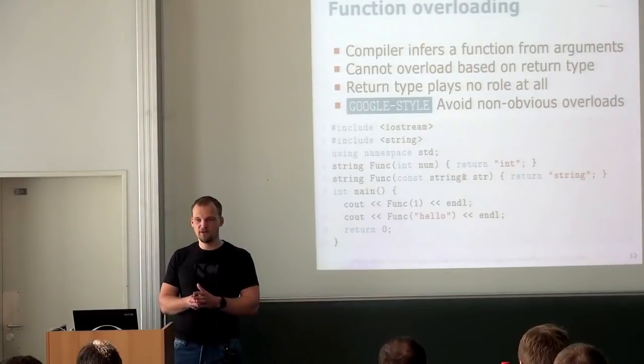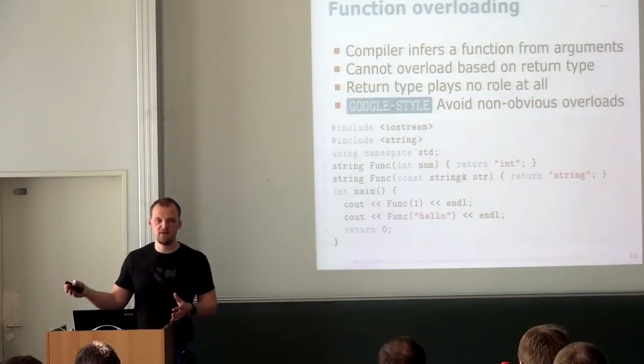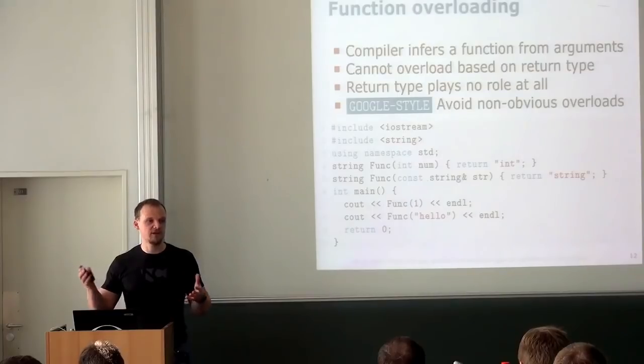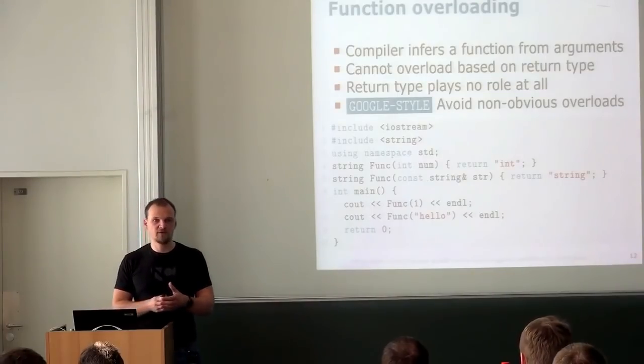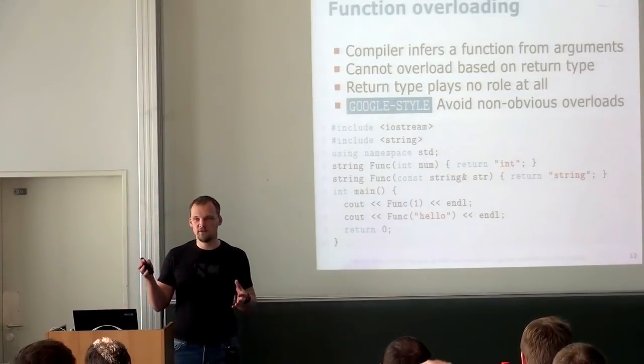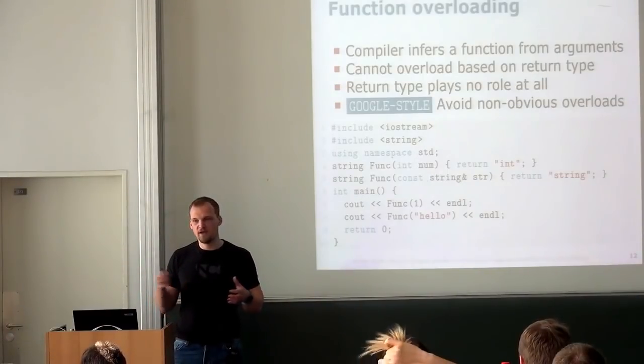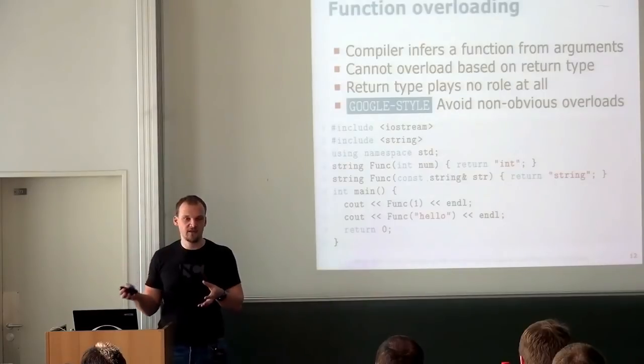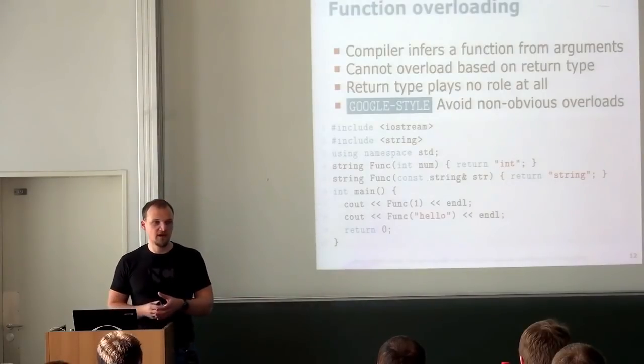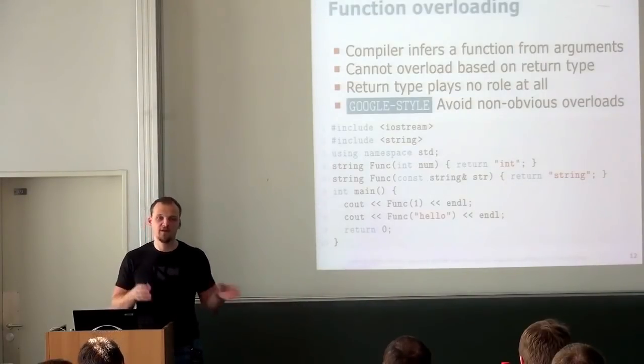Some overloads should be there. If the function has the same functionality, a good example is print, where you want to print a string, an integer, and a double, you can define them all with the same name. Otherwise, if there is any difference, define them with different names.